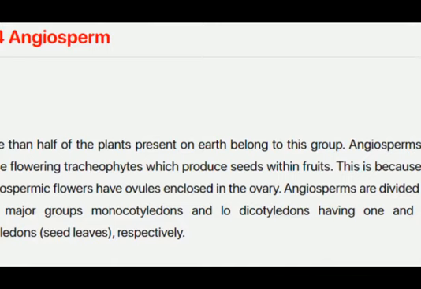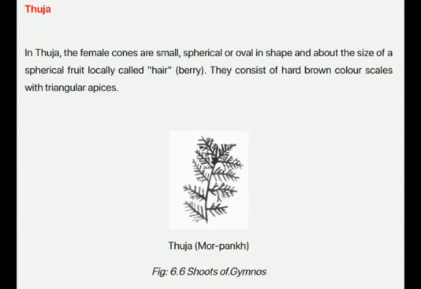So they have angiospermic flowers, with ovules enclosed in ovary. This angiosperm is divided into two major groups, monocotyledons and dicotyledons.